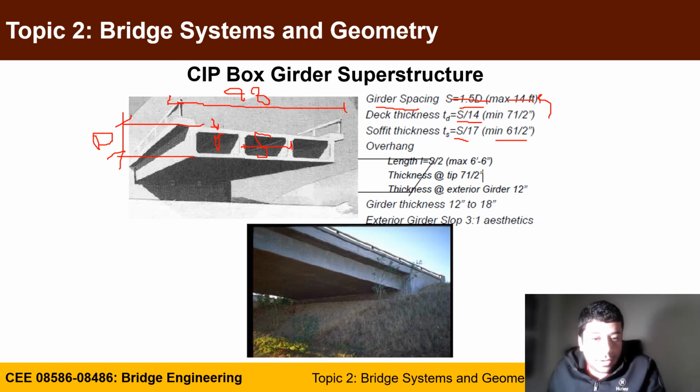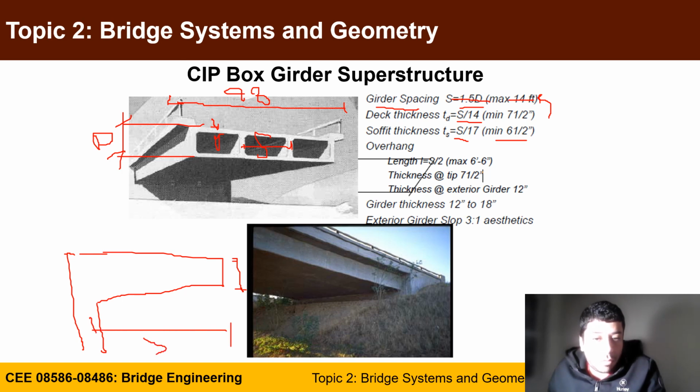The overhang is usually made with a slope, so it is deeper at the exterior girder and shallower at the tip. If you want to size it, the overhang should not go more than 6 feet 6 inches, as you can see here.